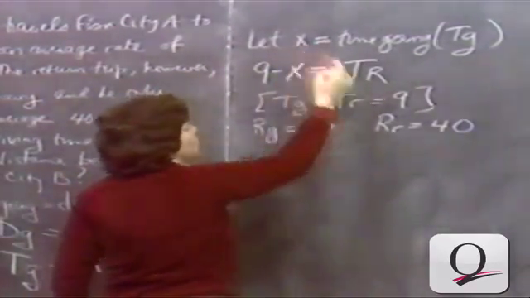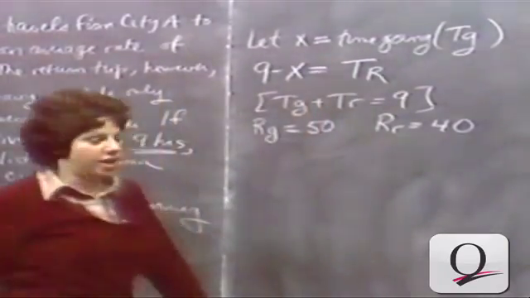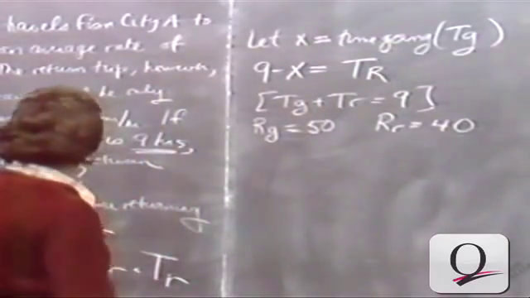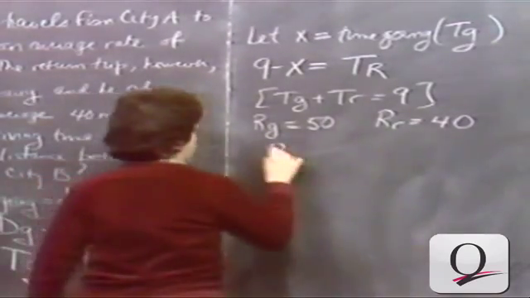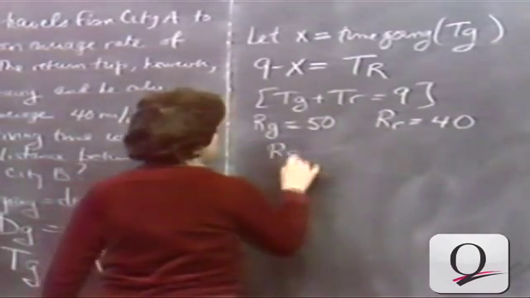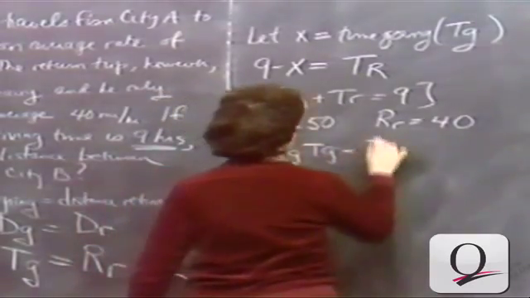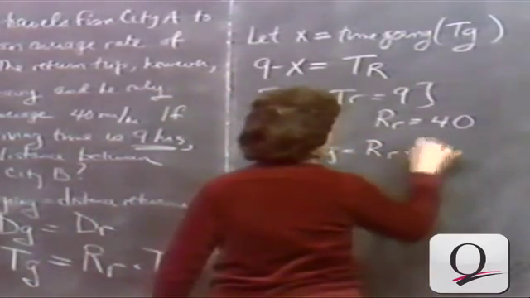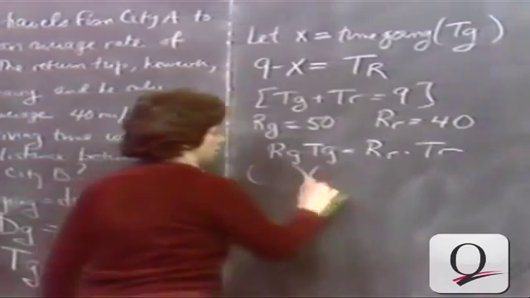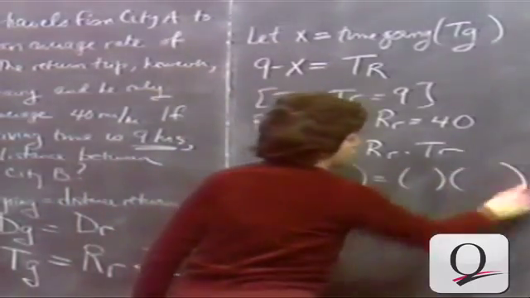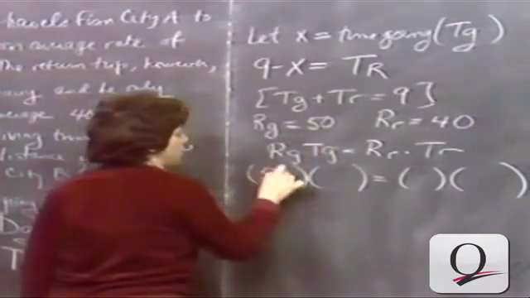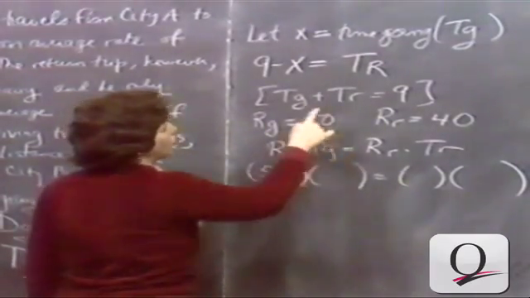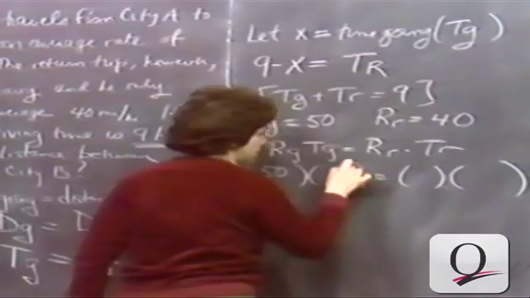The time going is x. The time returning is 9 minus x. Substituting into this formula, I'll just rewrite it here: r_g t_g equals r_r t_r. The rate going is 50 miles per hour. The time going is x.